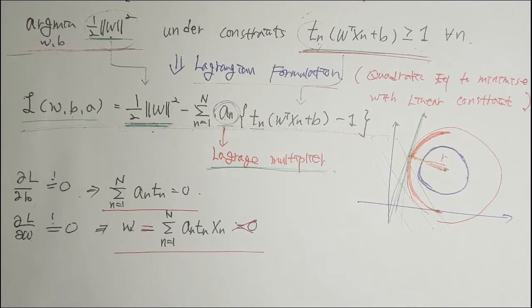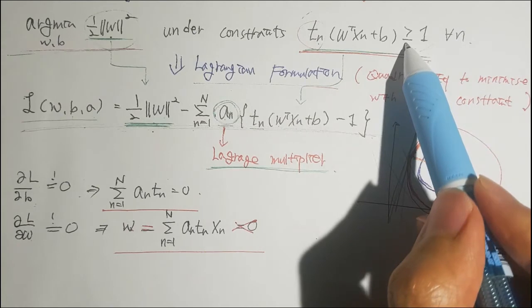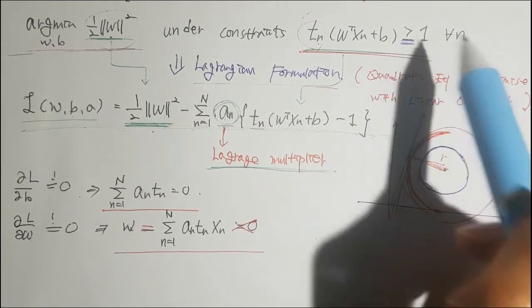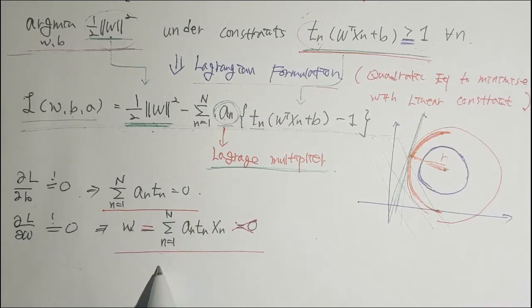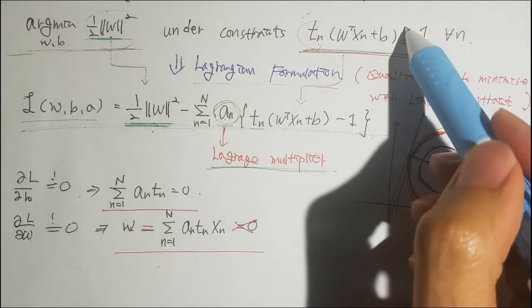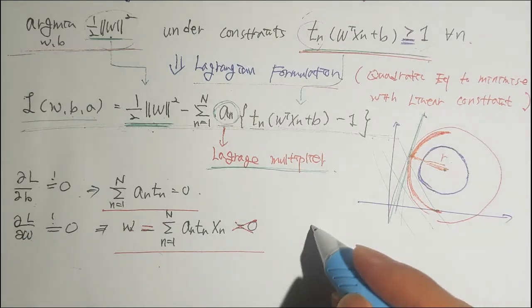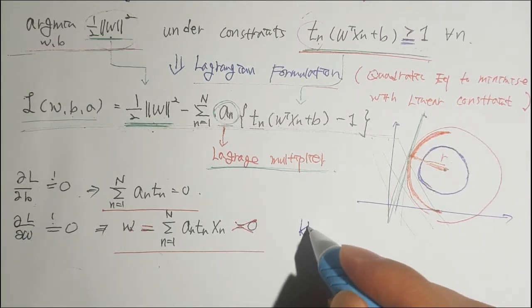Lagrange formulation can be applied when it is just an equal sign. When it is only an equal sign, it is done with this case. But since it is an inequality sign, we have some more things we have to consider. That is KKT.